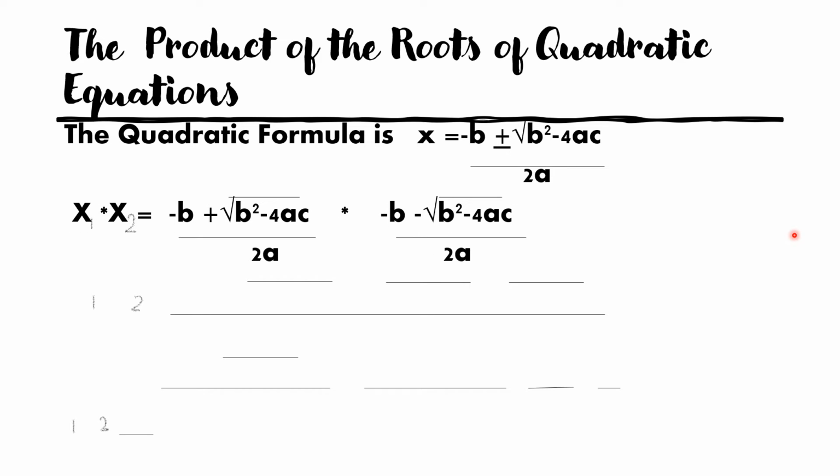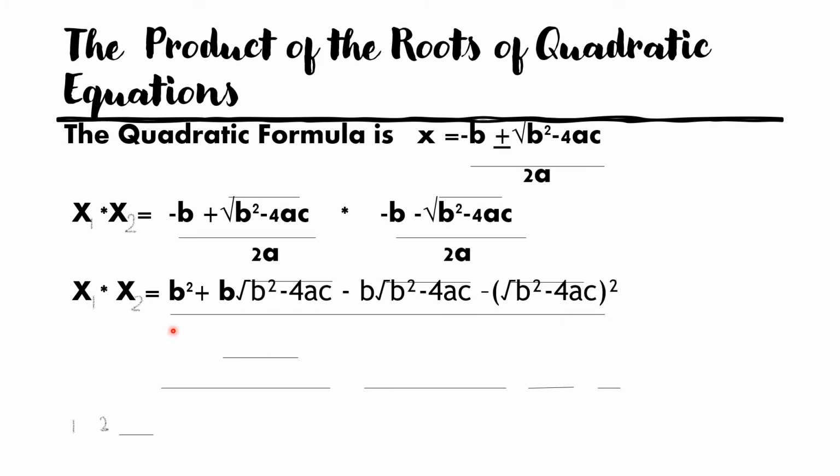Okay, so what we have here is just like multiplying binomial times binomial. So here, negative b times negative b, that is positive b squared.